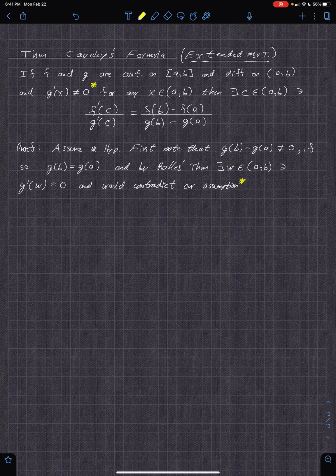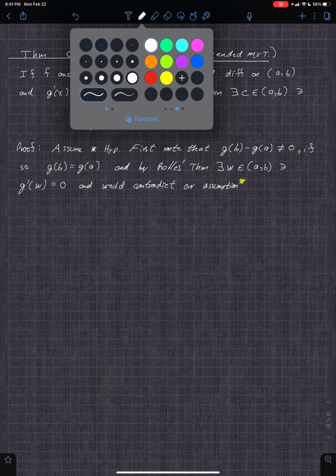So now the next tough part here is we're going to define a function that behaves like we want. This is the part that, after maybe years of studying mathematics, and you have nothing better to do, you figure this out.